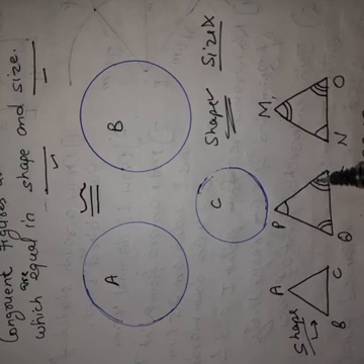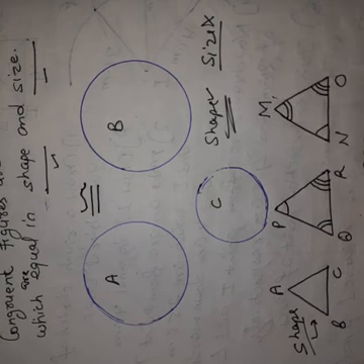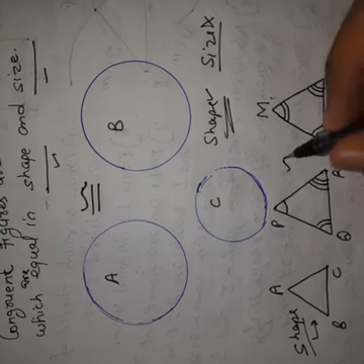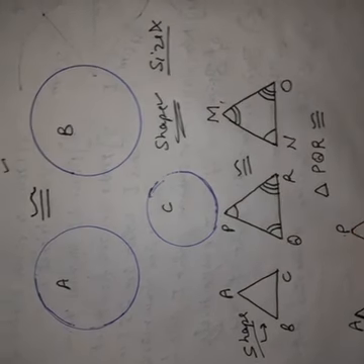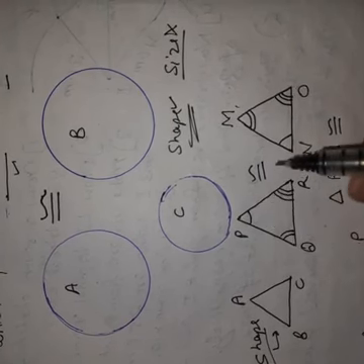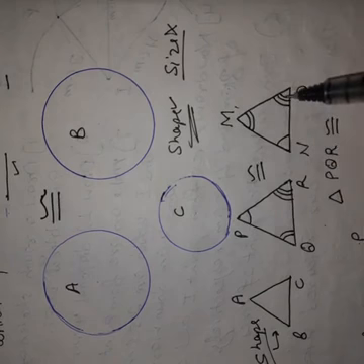So we can say that triangle PQR is congruent to triangle MNO. Both of these triangles are congruent. But mathematically, how will we write that triangle PQR is congruent to triangle MNO?